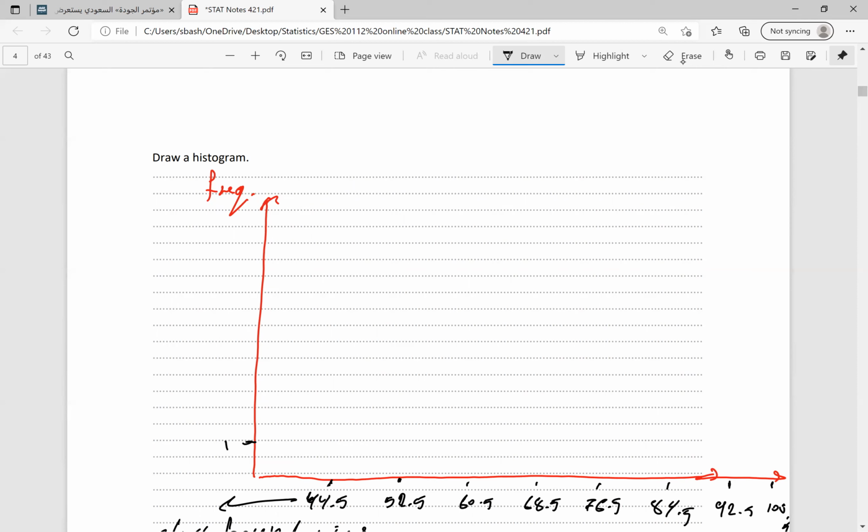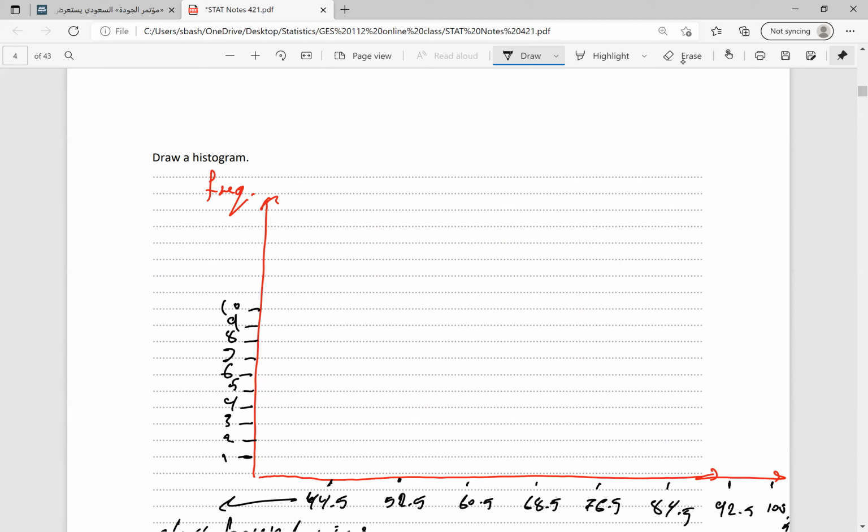So this is 1, 2, 3, 4, 5, 6. The height is not enough, so with a smaller scale: 1, 2, 3, 4, 5, 6, 7, 8, 9, and 10.